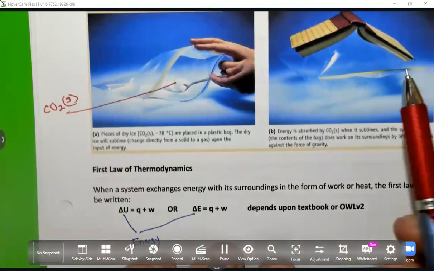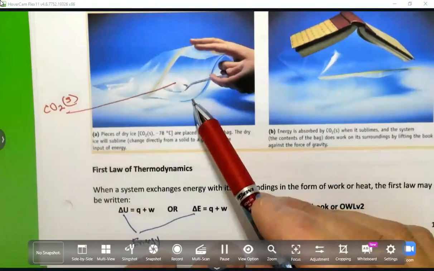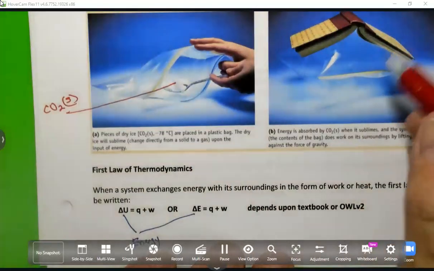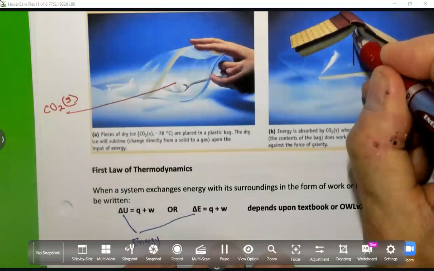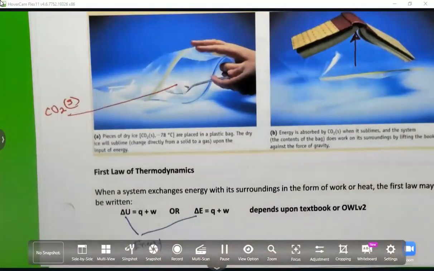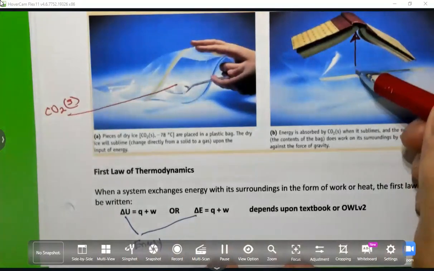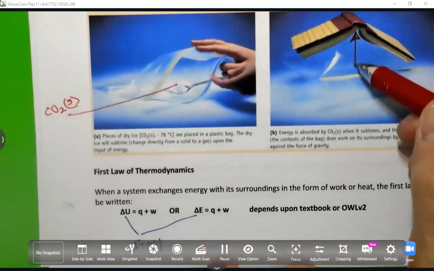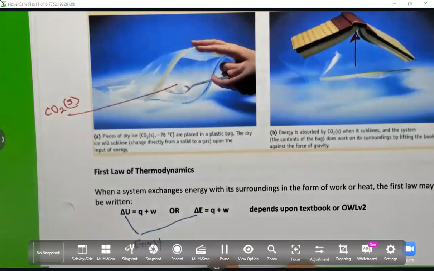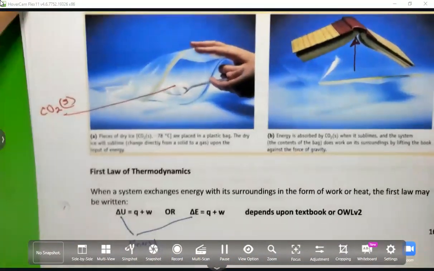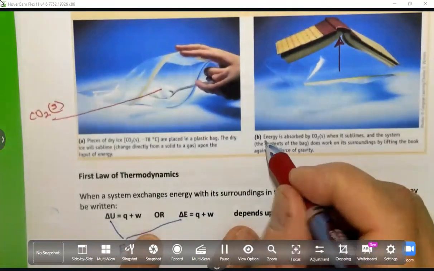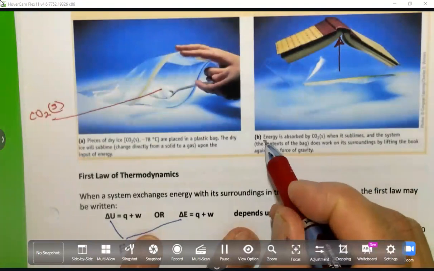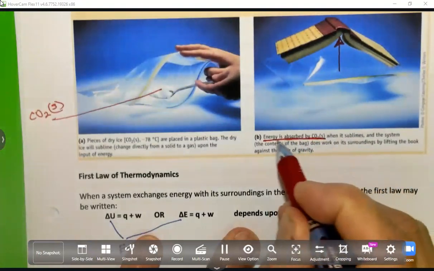If you put this into a Ziploc bag, close it up, put a book on top of it, it's going to allow us to do some work, huh? We get some work done by lifting this book. Now, what's going to happen is energy is going to have to be absorbed by the CO2.